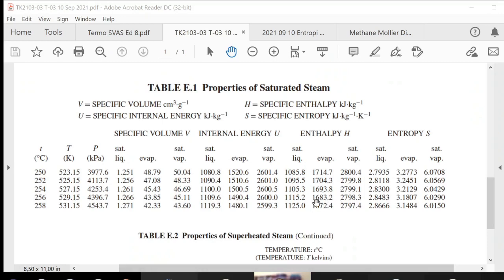The delta is, over here, 2798 compared with 1115. The delta is 1683. So if I want to vaporize 1 kilogram of water liquid into 1 kilogram of water vapor, we need to provide the energy is the delta, 2798 minus 1150.